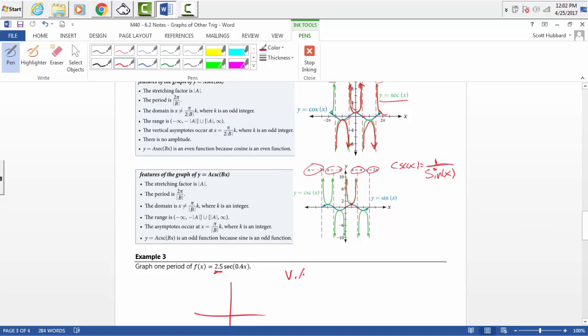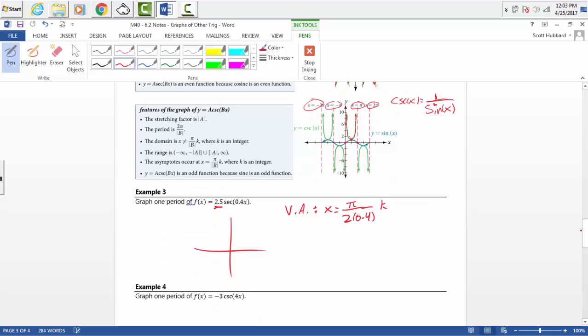So the vertical asymptote is going to equal, colon, x is going to equal pi over 2 times the absolute value of b. B here is 0.4, so it's 0.4. It's positive already, so I don't need to take the absolute value, times k. And I can let k be 0, k be 1. So this tells me if k is 0, then one vertical asymptote is right here, that x equals 0. But if I simplify that, this is going to be pi over 0.8.